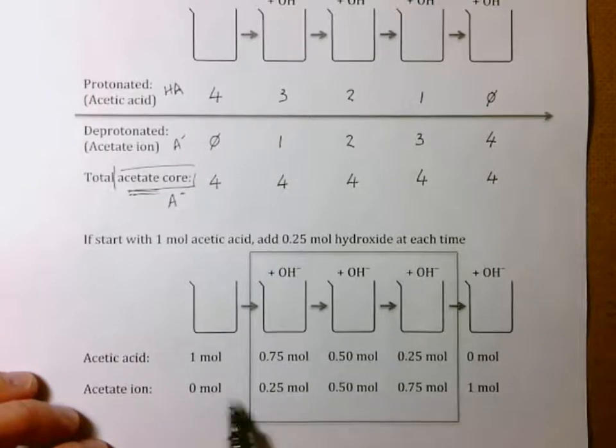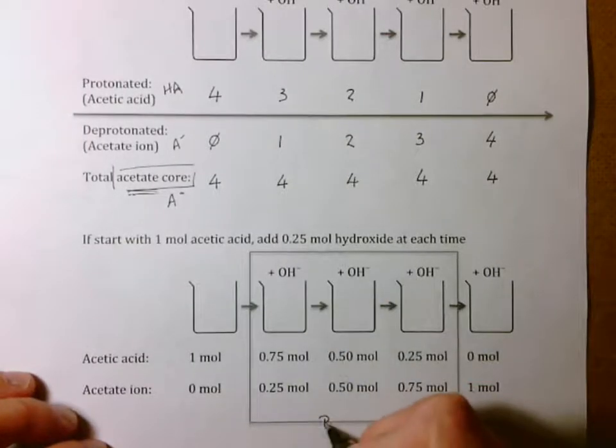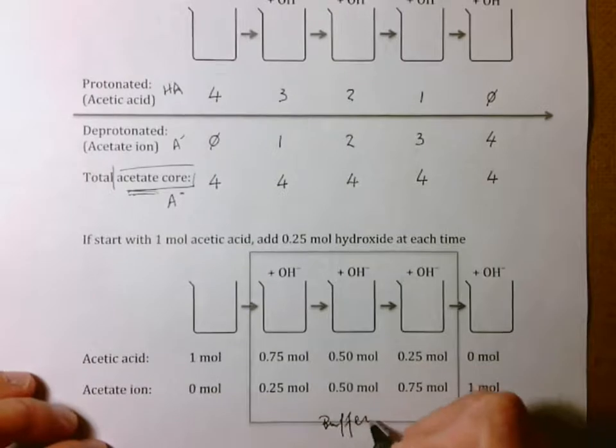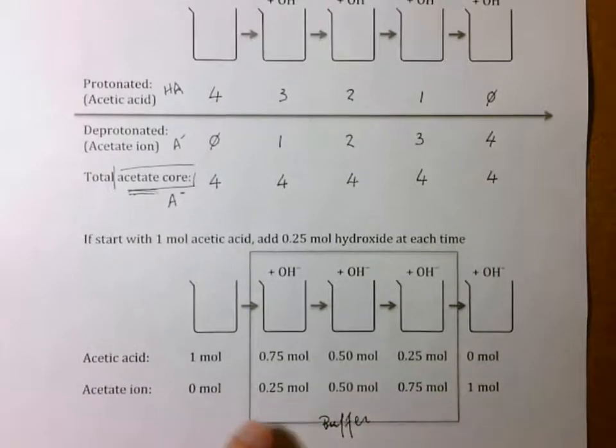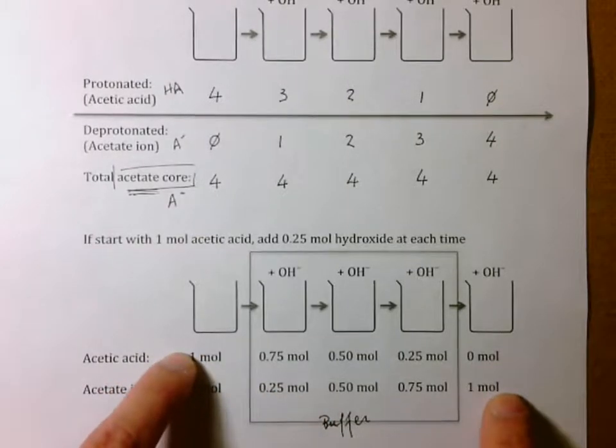The acetate ion is increasing. And this box right here is what we call a buffer. It has both weak acid and conjugate base. When it's pure acid or pure base, you cannot have a buffer.